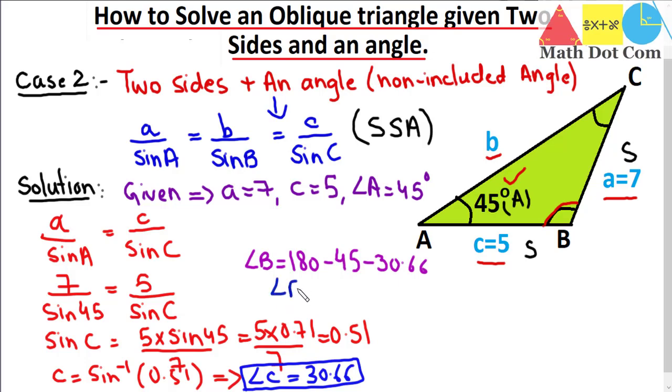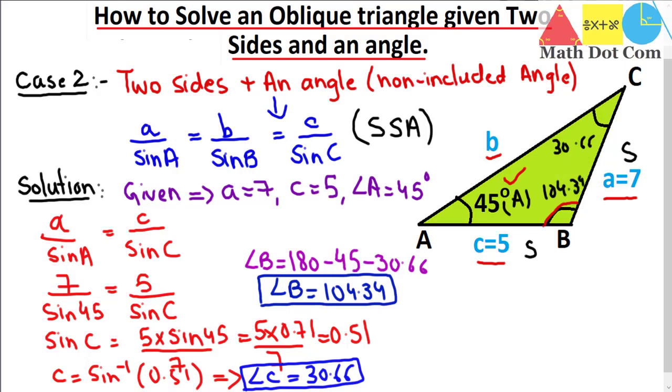So angle B equals 104.34. This is another thing that we have found. So we have got the two angles, angle C is 30.66 and angle B is 104.34. Now we have got all the angles.